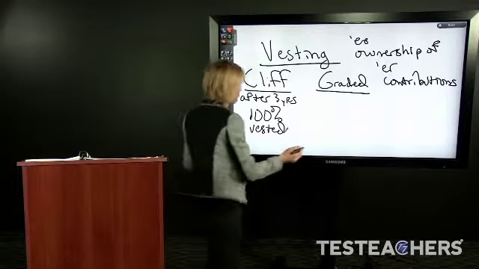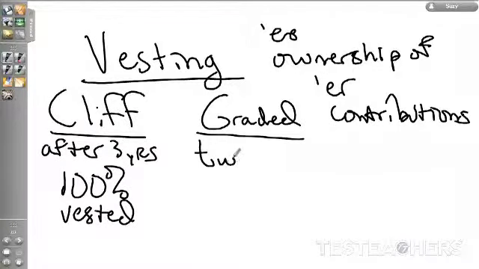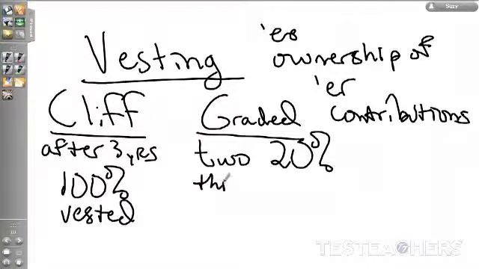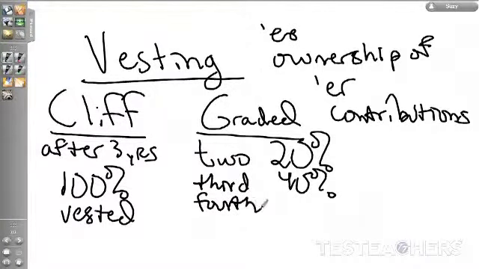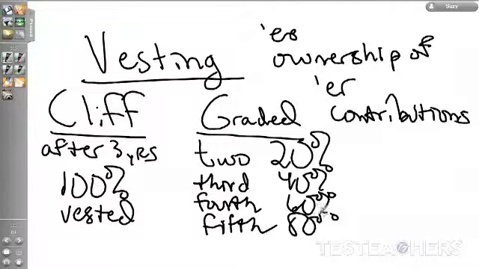A graded vesting schedule works like this. Starting at the end of your 2nd year, you must be a minimum of 20% vested. 3rd year, 40%. 4th year, 60%. 5th year, 80%.